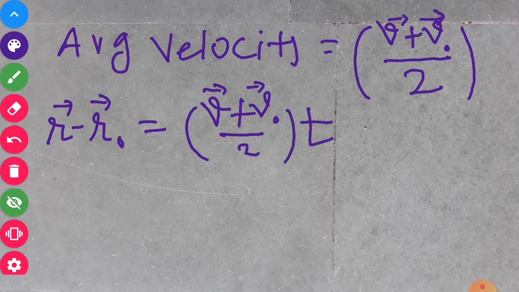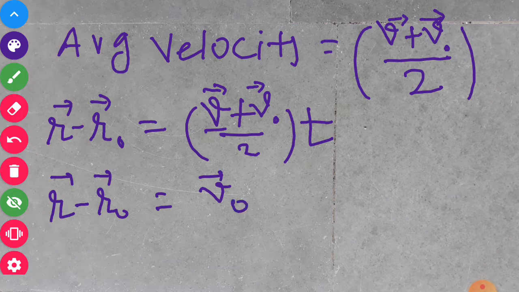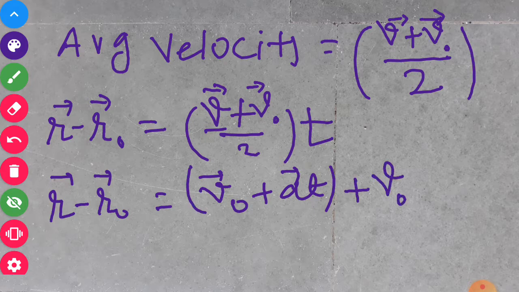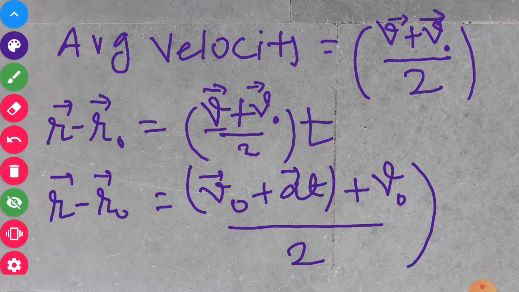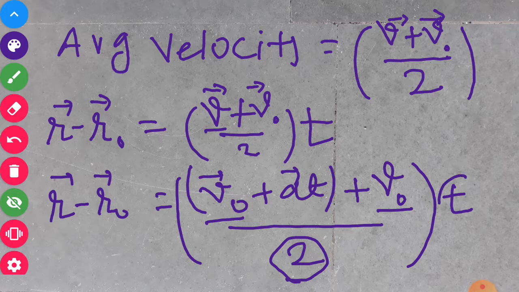Okay. Now, as you know, this v is nothing but v0 plus at. So r minus r0 is equal to v0 plus at plus v0, divided by 2, into t. So this becomes v0 plus v0, 2v0 divided by 2, so it becomes v0, multiplied by this time t, so it becomes v0t.